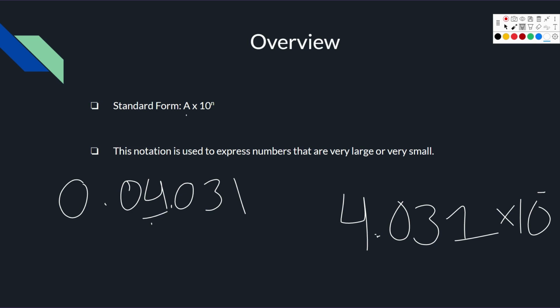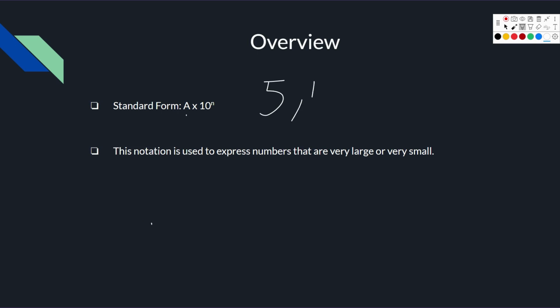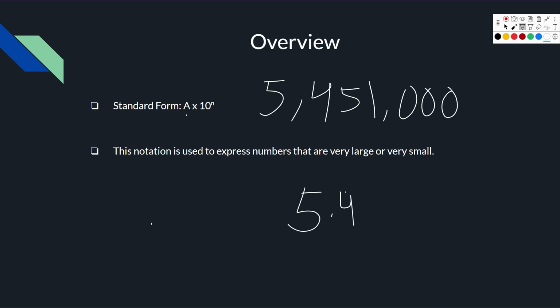And the same thing for the very large numbers. If you have a very large number like 5,451,000, write your A, you have to include everything else.